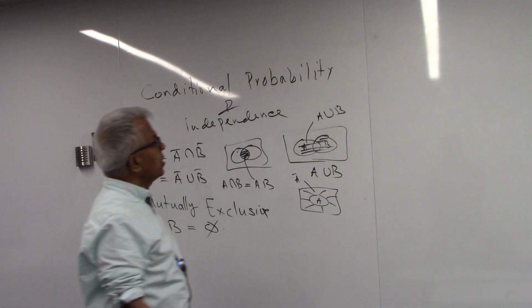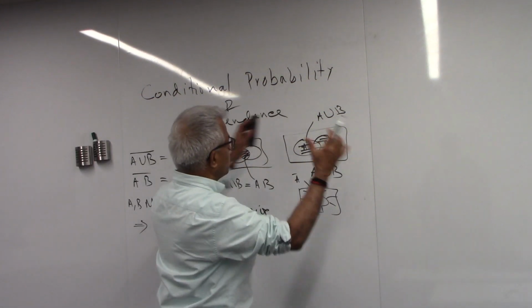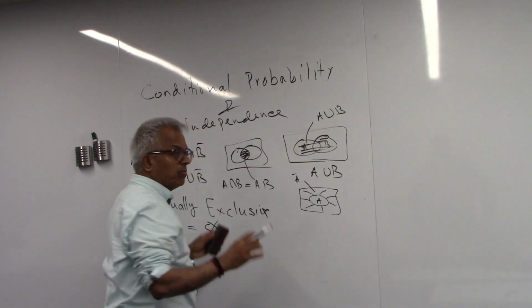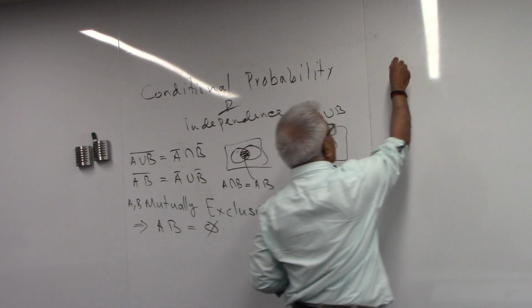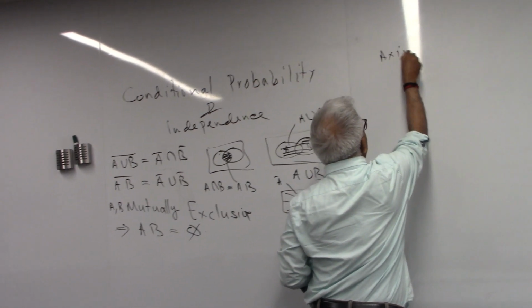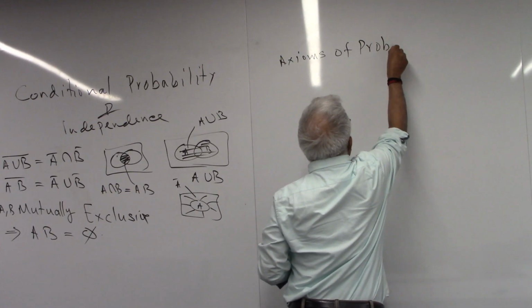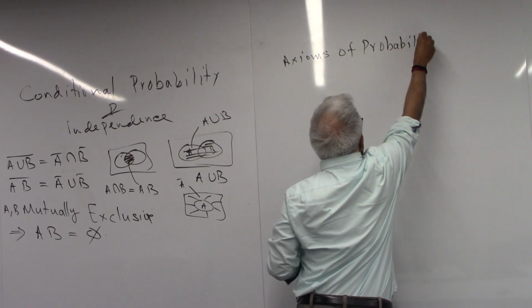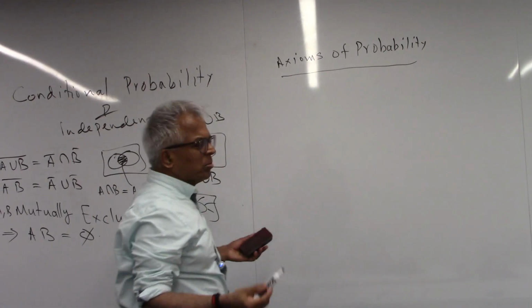So the question is, how do you assign probabilities of complicated events like A union B from simpler events? We use the axioms of probability. There are 3 axioms. Two of them are self-evident.